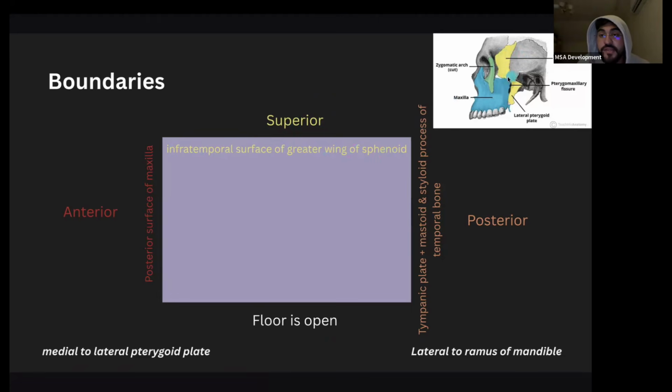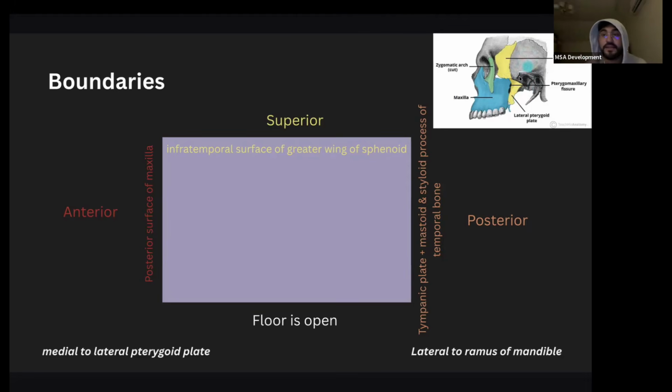This makes the roof of the infratemporal fossa. Then anterior to it is going to be the posterior surface of the maxilla. And then posteriorly, you're going to have the tympanic plate, the mastoid and the styloid processes of the temporal bone, all right? And then the floor is just going to be open. Nothing is going to limit it inferiorly.